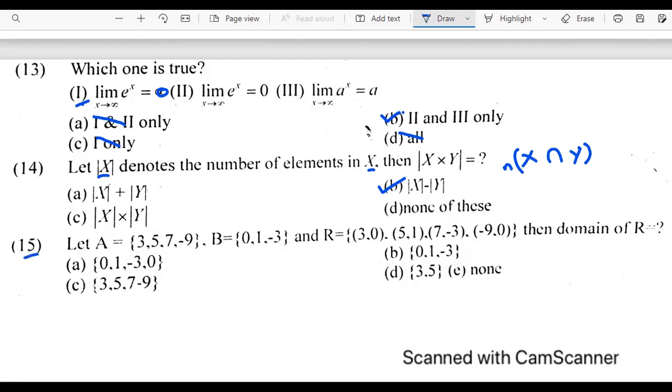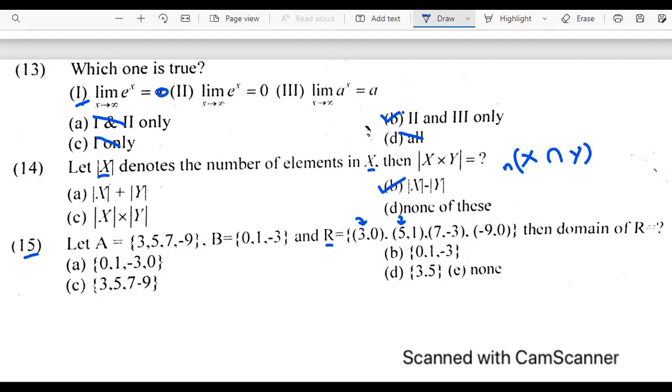Let A equals 3, 5, 7, minus 9, and then B set has 0, 1, minus 3. R is this, then the domain of R is. Now basically R is a function. Whenever we talk about function, we know that we have some domain elements and we have some range elements. And when we talk about domain, we are basically referring to the x's.